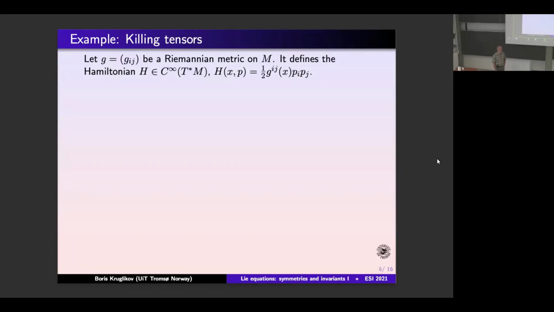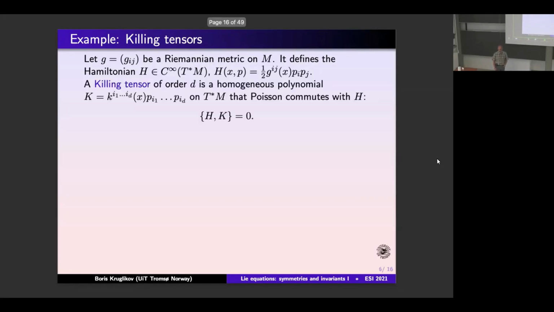In order to integrate dynamical systems, you would like to have integrals, and these are precisely Killing tensors in this language. A Killing tensor of degree d is a homogeneous polynomial, again a function on T*M, homogeneous in momenta p of degree d, so p multiplied by itself d times. The coefficients are smooth functions on the base, and the condition for an integral is that K and H commute.